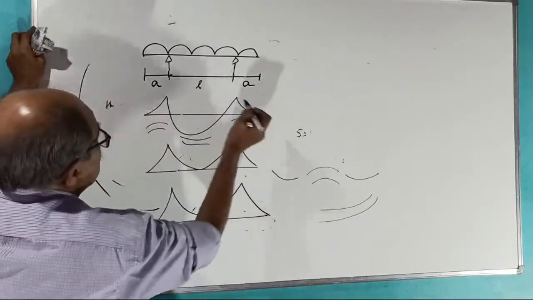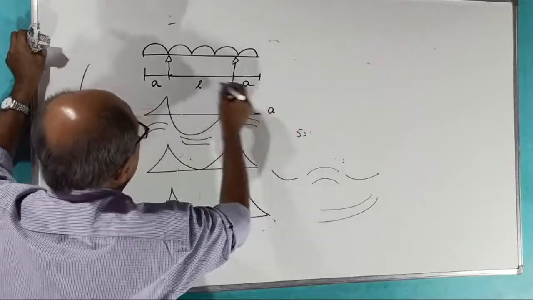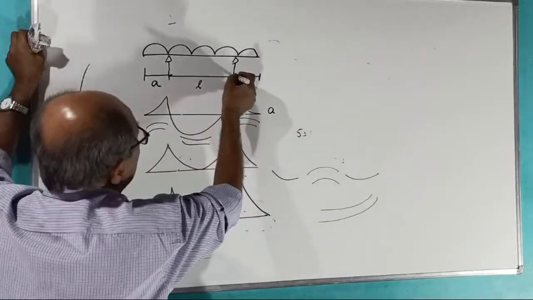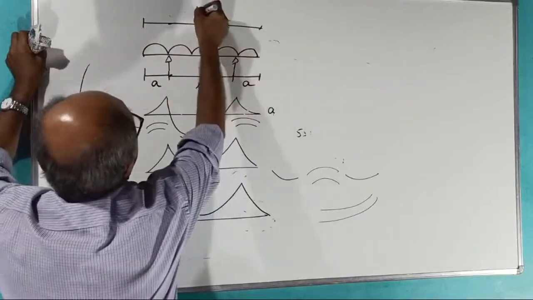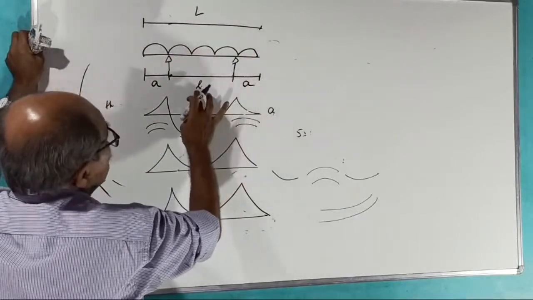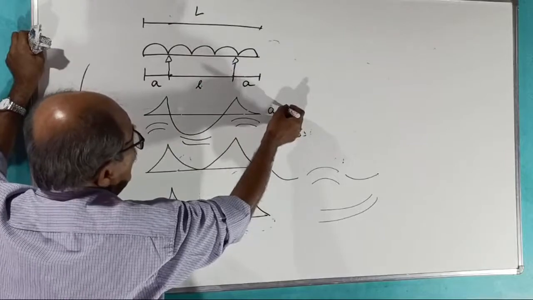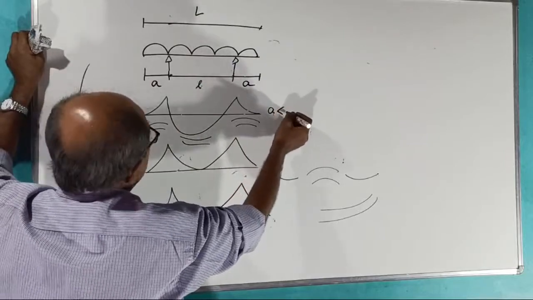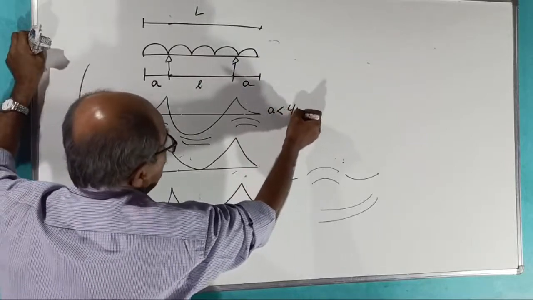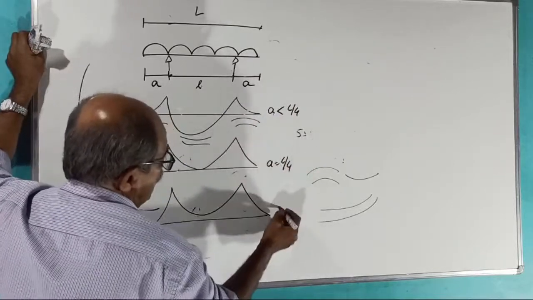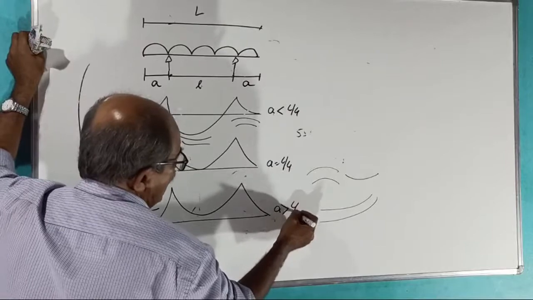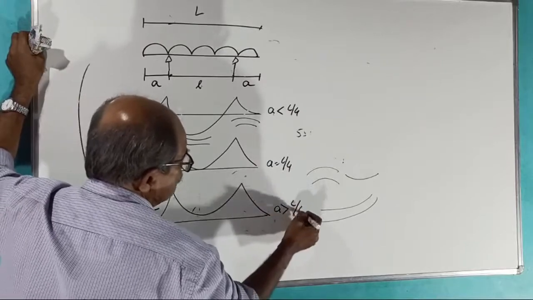Now, for this one, you compare A with L, where total length is capital L. For this case, A should be less than, can anybody tell? L by 4. Here, A should be equal to L by 4. Here, A should be more than total length by 4.